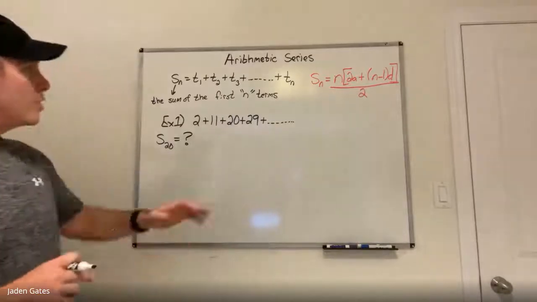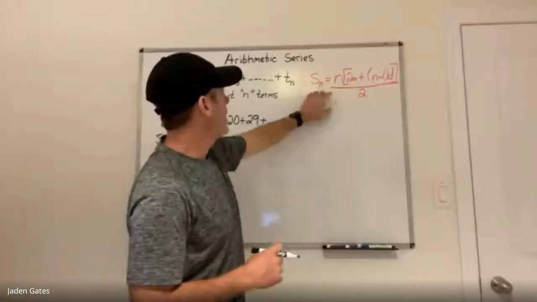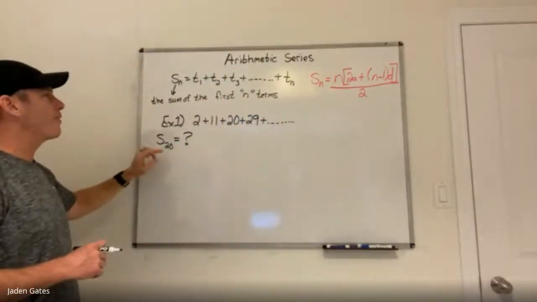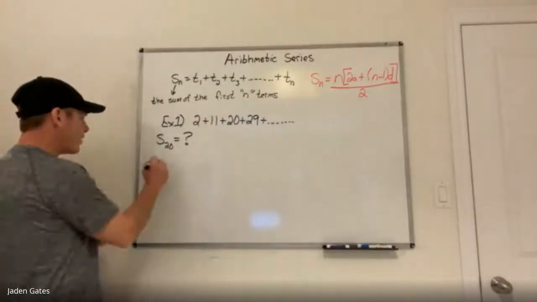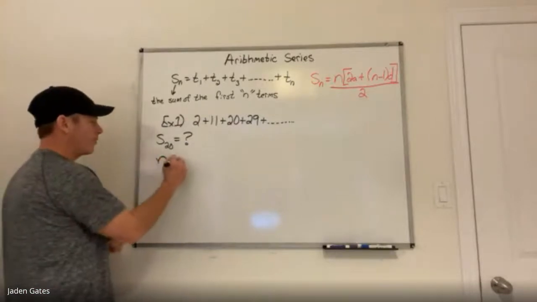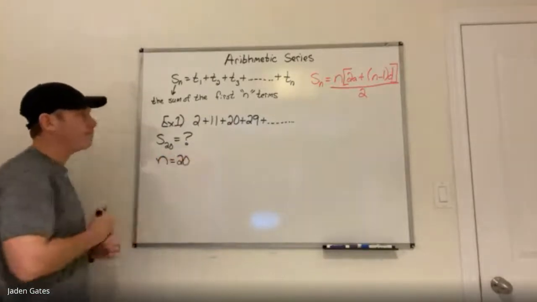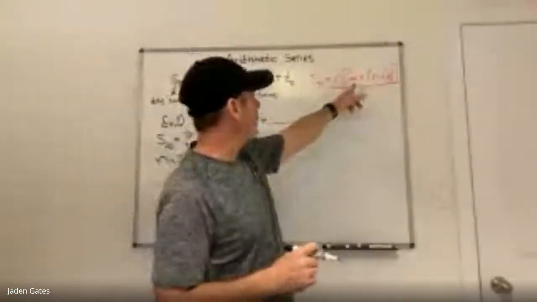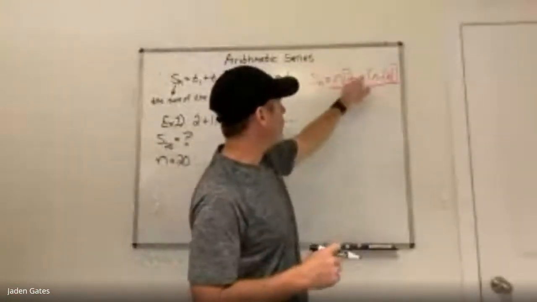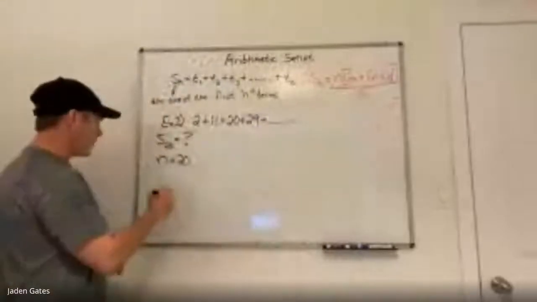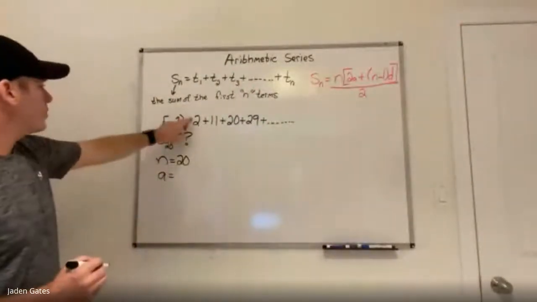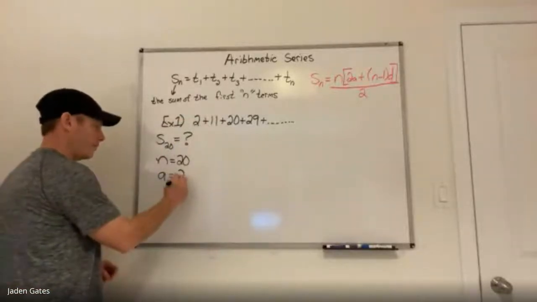All right, so we do have our formula here. For S of n, we're in fact finding the sum of the first 20 numbers. And so that, again, would mean that our n value is 20. Now, another of the same variables that we dealt with earlier today: we have our n. We need our a and our d. So, again, the first term of this series, a, is 2.